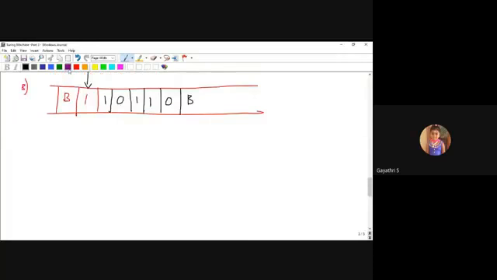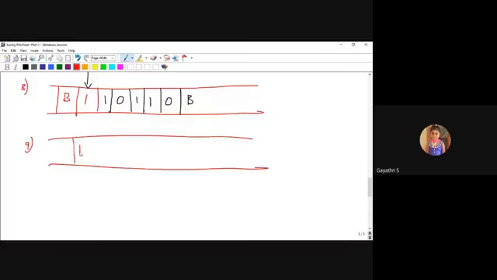Next, ninth step, blank symbol. Then that 1 which is replaced by 0, the head now points to here. 0, 1, 0, 1, 1, 0.